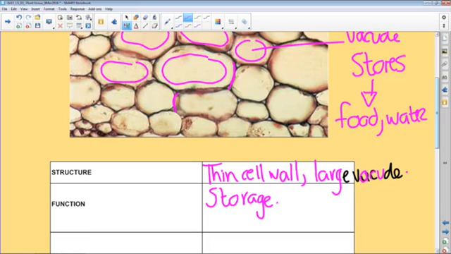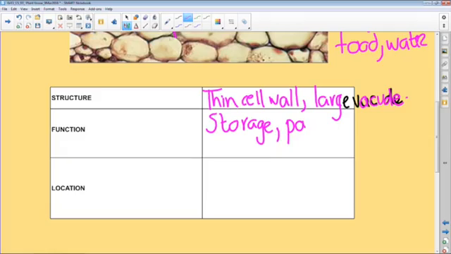And it's got a large vacuole. What does it need to do? It needs to store things. What organelle in a cell stores things? The vacuole. So if I need to store something, then what will I have? A nice big vacuole. Its function is storage, it stores things, it packs things.